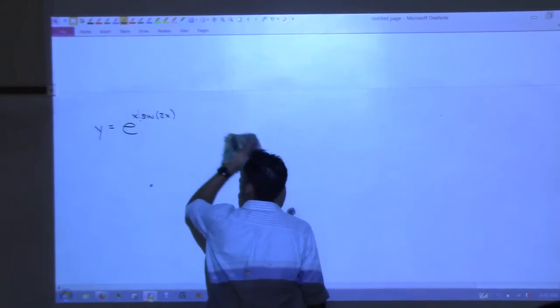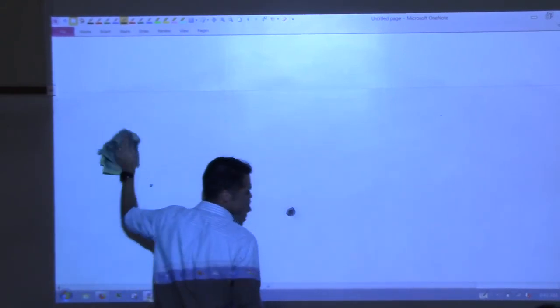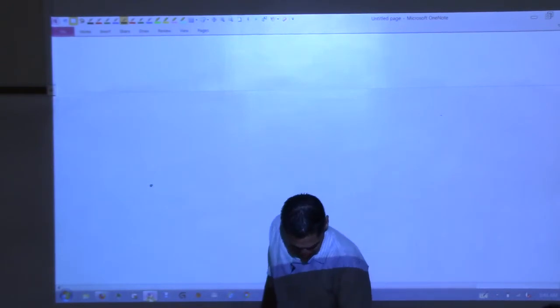All right, we're going to switch gears here a little bit. Let's take a look at a rather ugly function.